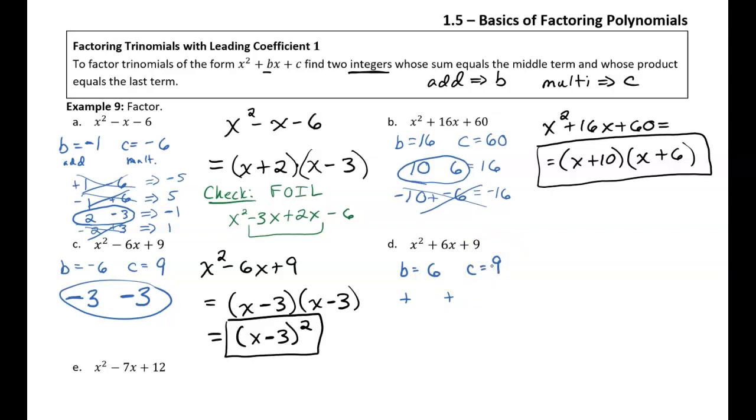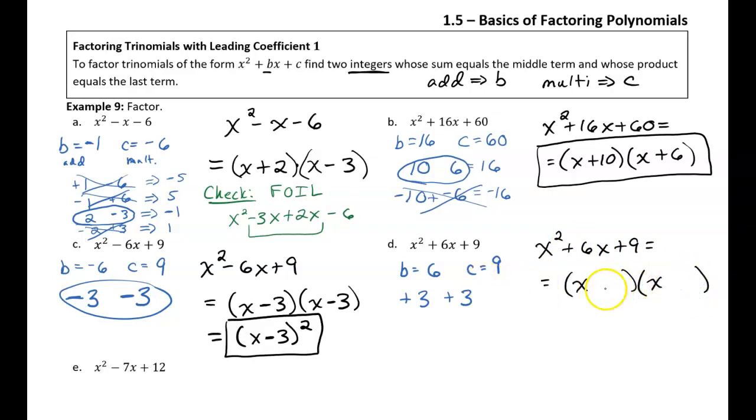It's the only way to add to give you a positive if your multiplication is also positive. And then we'll think about the values. Multiply to give you 9, add to be 6. That looks to be 3, right? I gave the answer way too early. So they multiply to give you 9, and they add to be the 6. So we're good. Let's write out the factors. All right, we have parentheses x times x.